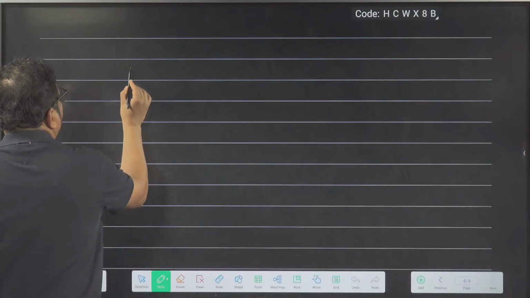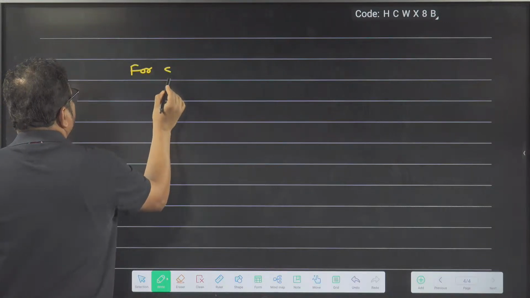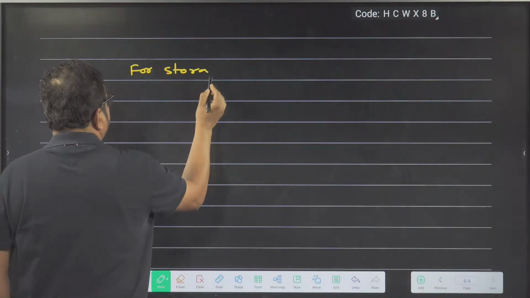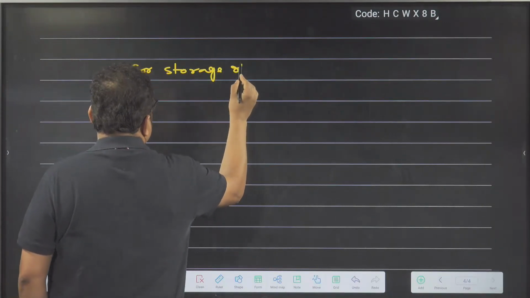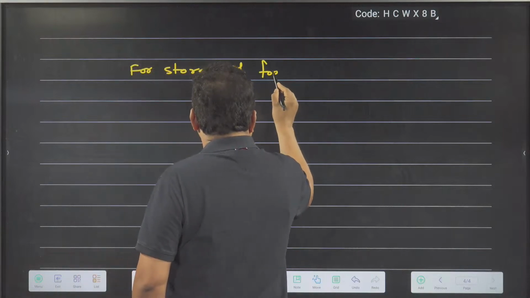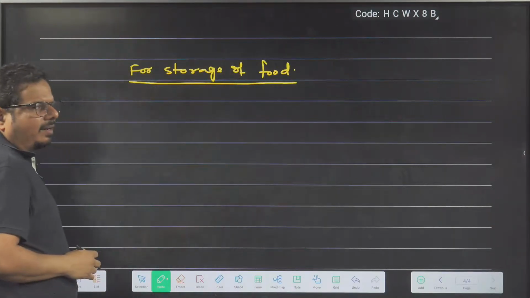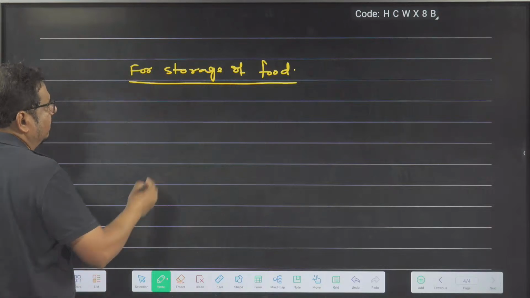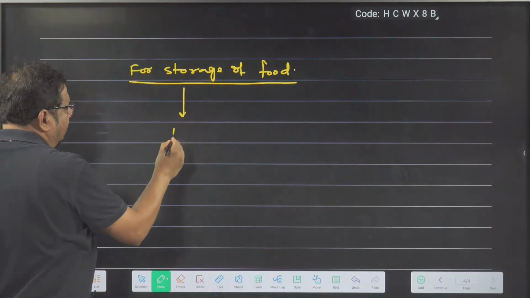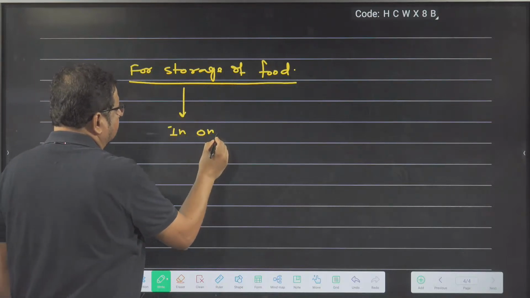So, for storage of food. I already told you about it when I was teaching underground stem modification and bulb. So what happens in onion?